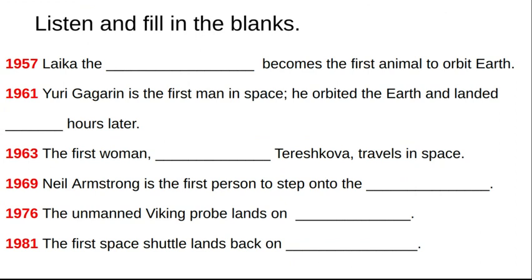The first woman, Valentina Tereshkova, travels in space. 1969. Neil Armstrong is the first person to step onto the moon. 1976. The unmanned Viking probe lands on Mars. 1981. The first space shuttle landed back on Earth.